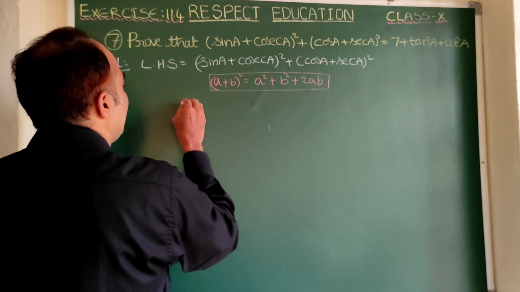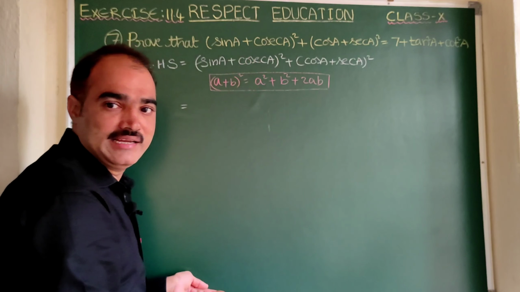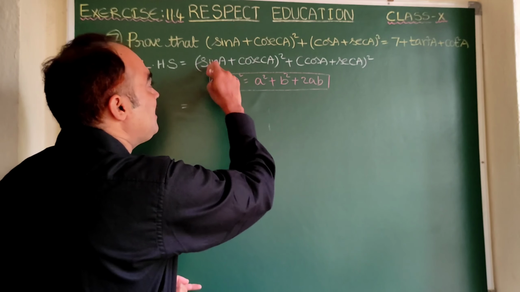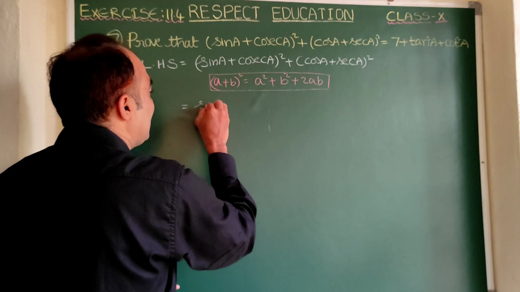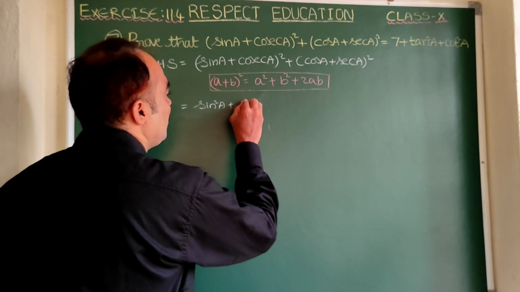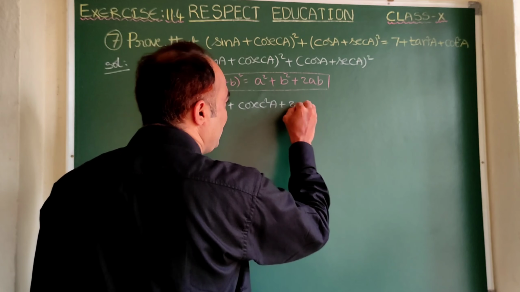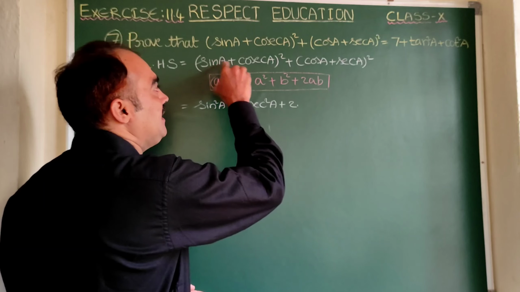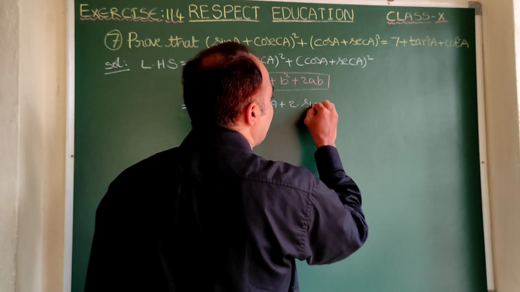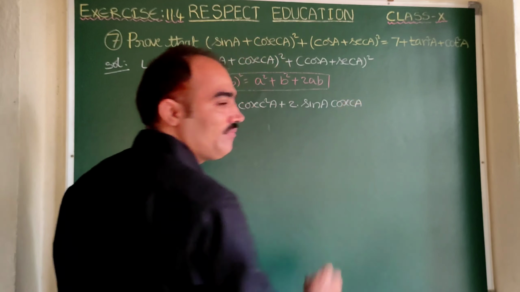So here A means sin A, B means cosecant A. If A is sin A, what is A square? Sin square A. Plus B square is cosecant square A. Plus 2 into A into B means sin A into cosecant A. Clear? Yes, sir.